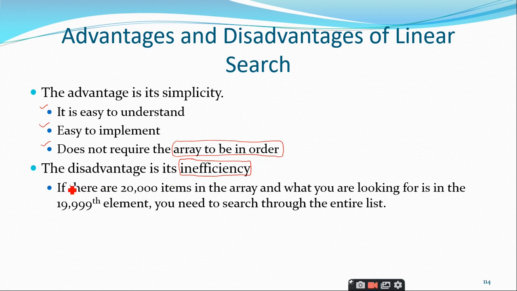Why this is very inefficient means, for example, you consider an array of 20,000 items. So my list consists of 20,000 entries. And when you are looking for an element that is present as the 19,999th element, which means the last but one, or you can also take the 19,998th or 19,997th element.